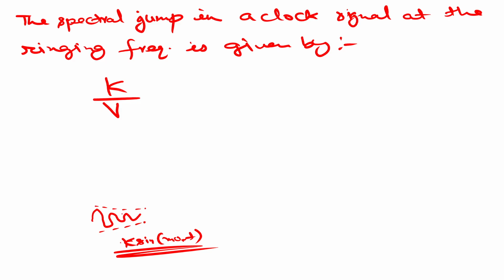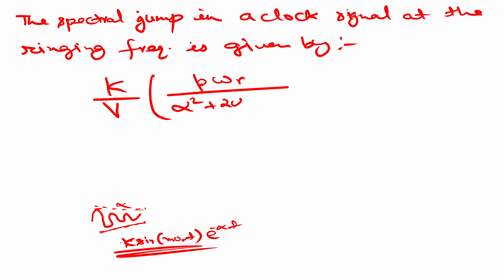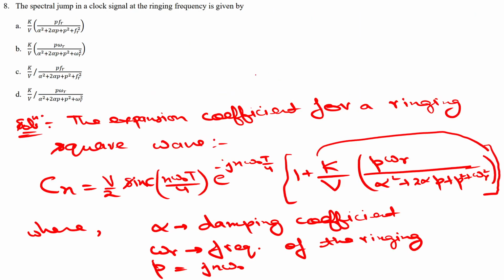This amplitude reduces with e to the power minus alpha t, so the damping coefficient is alpha, and over time it is reducing. So the spectral jump at the ringing frequency is k by V into p omega r divided by alpha square plus 2 alpha p plus p square plus omega r square. If we match it with the given options, the correct option is option B. If you have any doubt in this, please let me know.